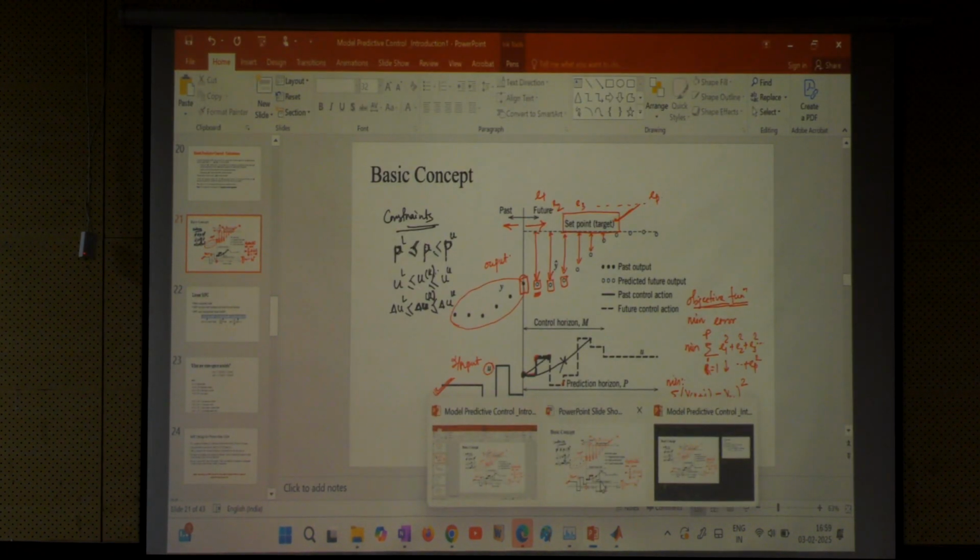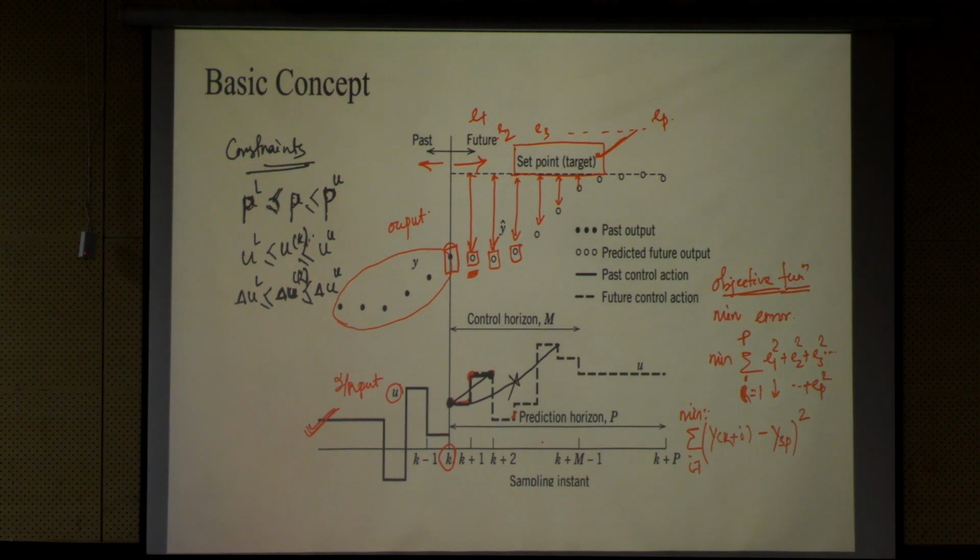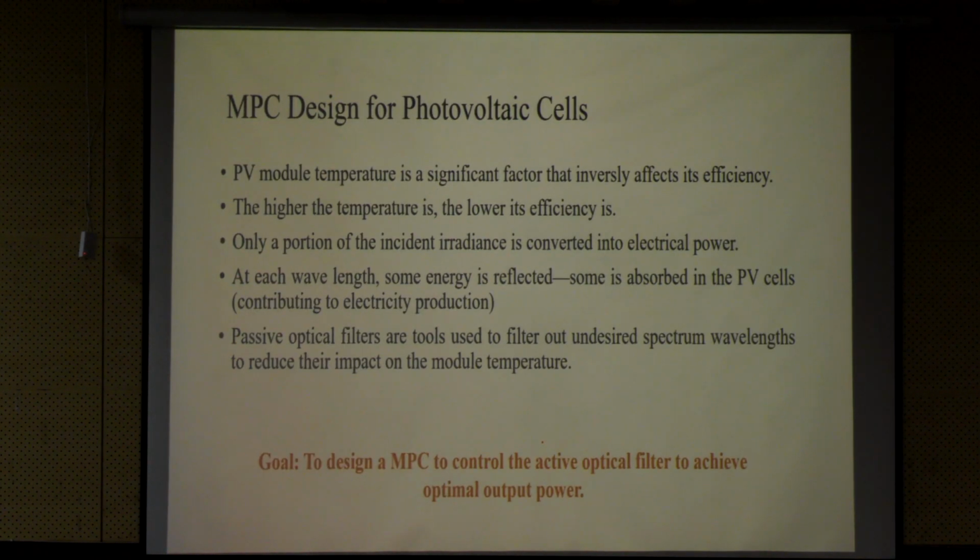So now what we are trying to understand is, let us say we will design an MPC for a photovoltaic cell. In case of a photovoltaic cell, if the incident radiation falls on a PV system, everybody knows what a solar PV is. What does it do?